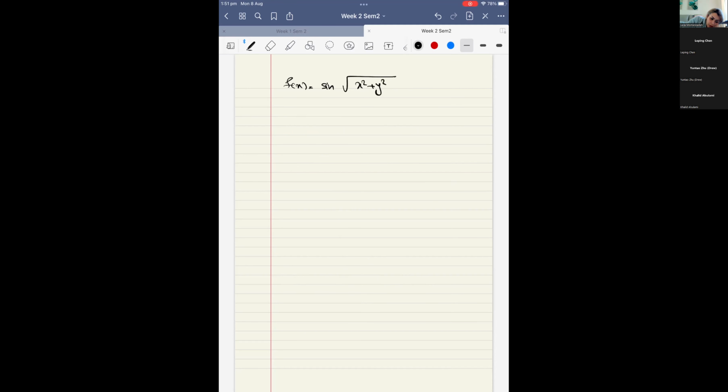Yes, it means they rotate the graph of sine of x squared plus y squared about the z-axis.